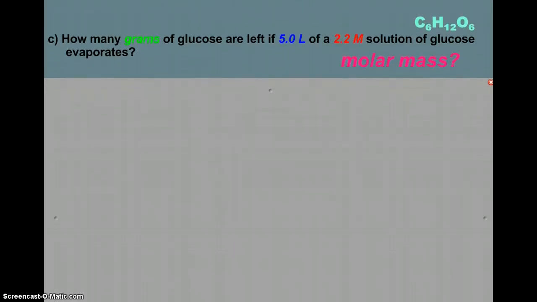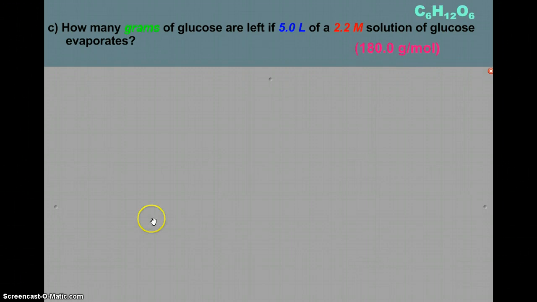We'll also do several questions solving this way, like how many grams of stuff are we going to need to make a solution? So this is a very important type of molarity question. Again, you see that I give you the formula for glucose, and the molar mass is going to be 180 grams per mole. But this time we won't need that information until the end.